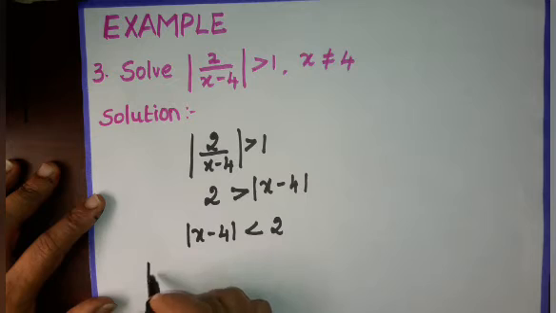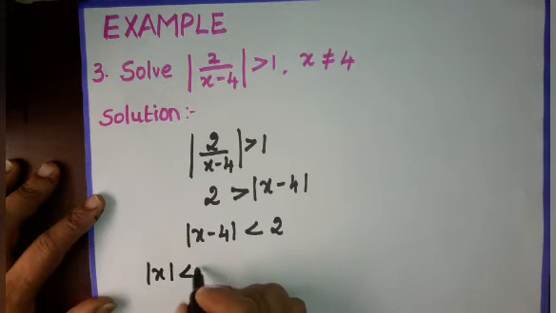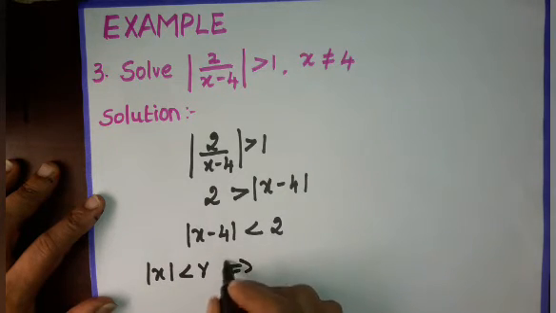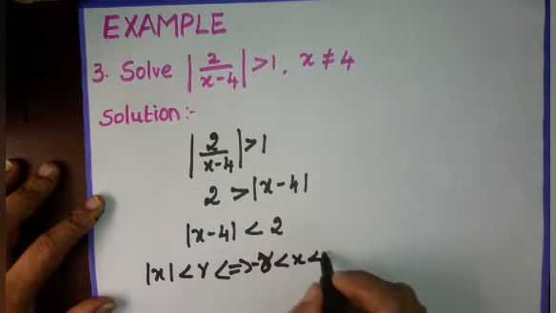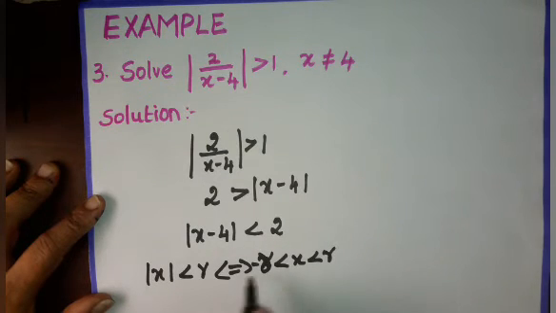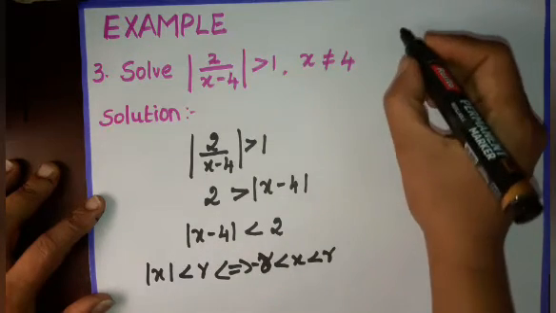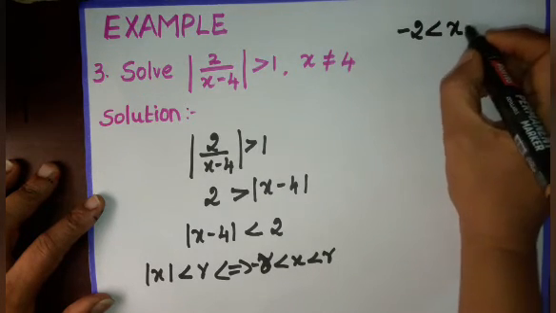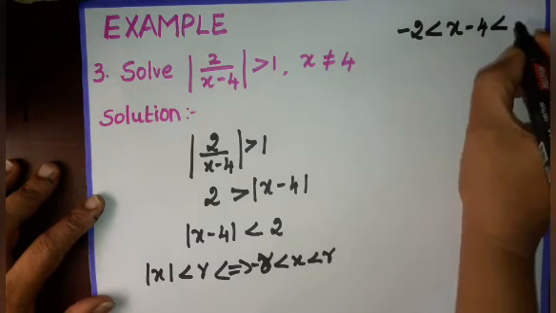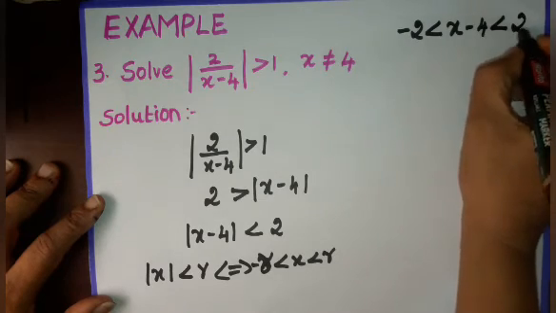We know that modulus of x less than r if and only if minus r less than x less than r. Here r value is 2 and x value is x minus 4. Now we get minus 2 less than x minus 4 less than 2.